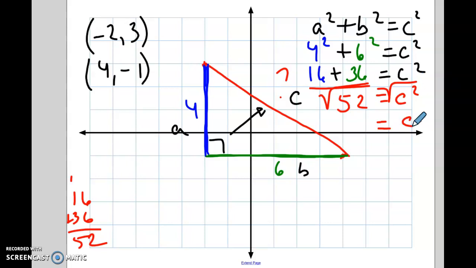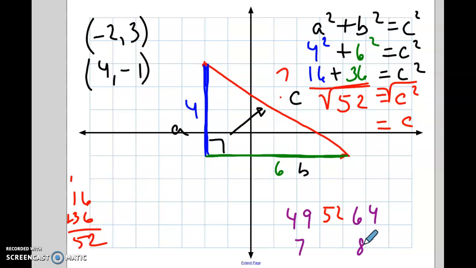I know two perfect squares around 52. On the low end, I'll do this in purple down here, is 49, and the perfect square above 52 is 64, and 52 is in here somewhere. Well, the square root of 49 is 7, and the square root of 64 is 8, so it's going to be between 7 and 8.